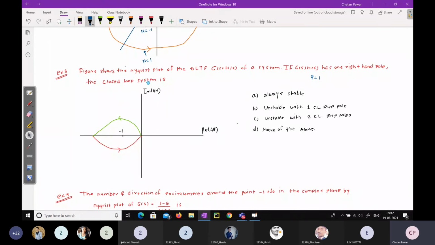Now, if you want to determine the closed loop system stability, out of N, P, Z, which parameter is important? Which indicates the closed loop system stability? So here, N is equal to P minus Z. Z shows the closed loop poles in the RHP side.